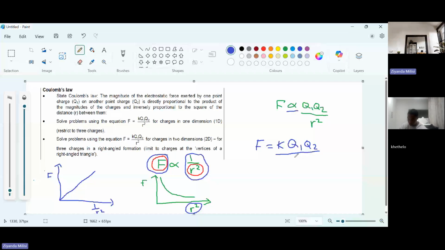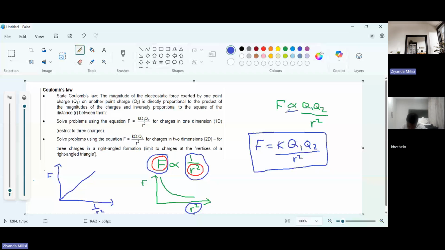This is the equation we will be using to solve problems. F is equal to k Q1 Q2 over r squared. How did we move from the proportionality sign to an equal sign? We introduced a constant k.